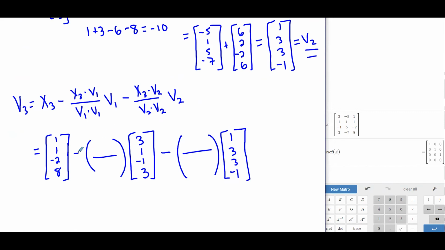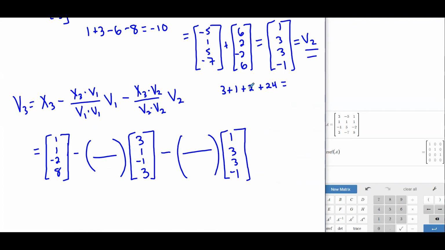Now we just need to do these dot products. So now what is x3 dot v1? Well, here's x3 and here's v1. So let's dot product them. I got 3 plus 1 plus 2 plus 24.